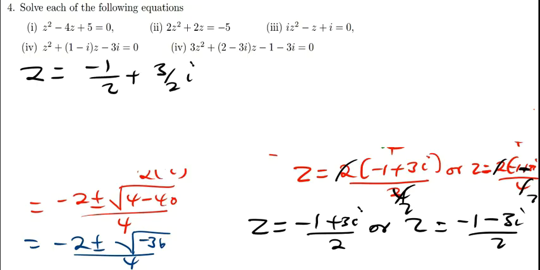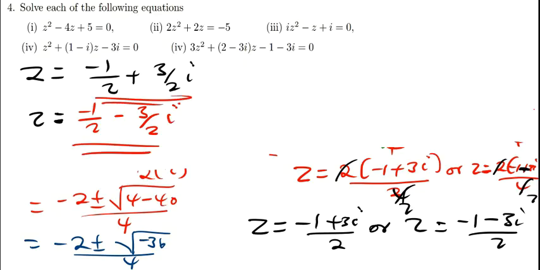That is the first answer. Or z will be equal to negative 1 over 2, then minus 3 over 2 i, like that. So this is the answer. Also, that is the answer. So that is it for the second part.